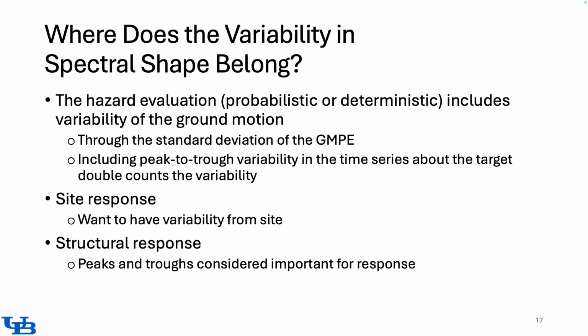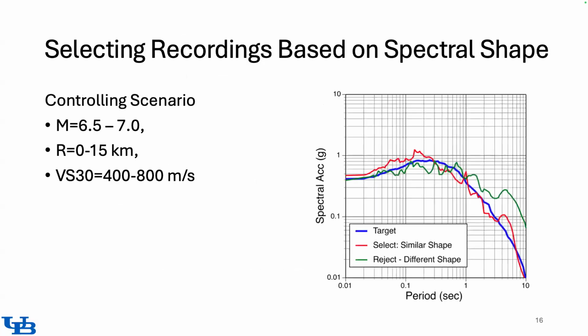another issue in selecting time series is how much variability there is between the target and the time series that you're selecting. So how much variability should actually be there, and what variability should be removed.